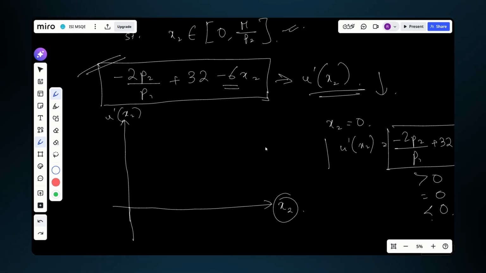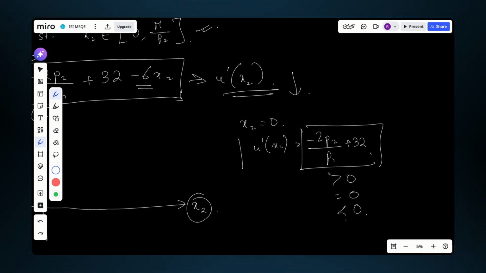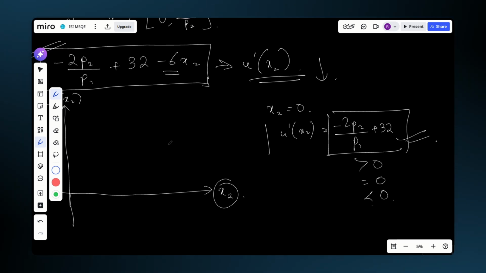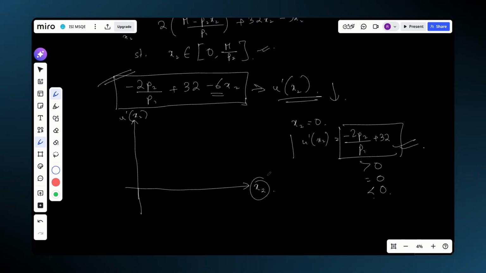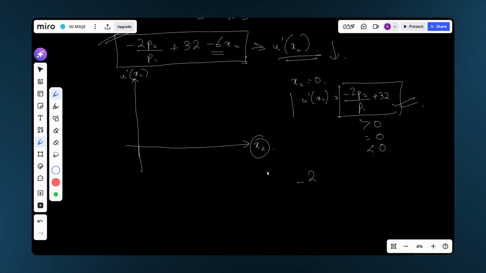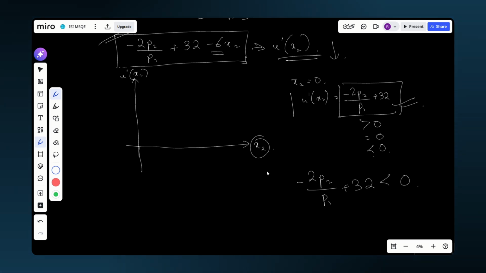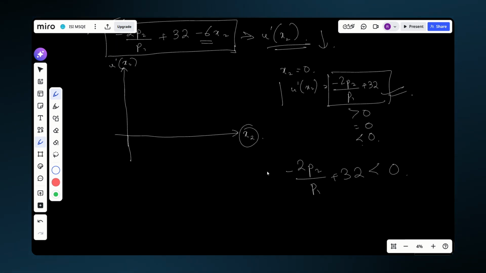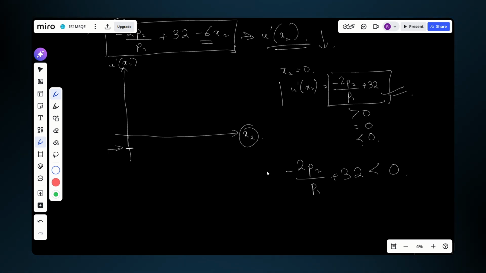But the intercept will depend on p1 and p2. Let's start with the easy one. Let's say this intercept, minus 2p2 by p1 plus 32, is strictly less than 0, which means I'm starting from somewhere around this point.